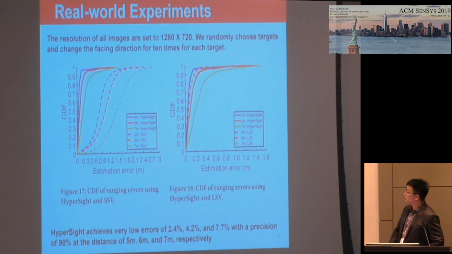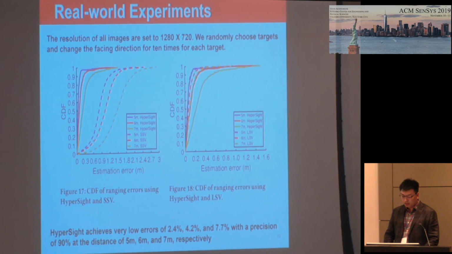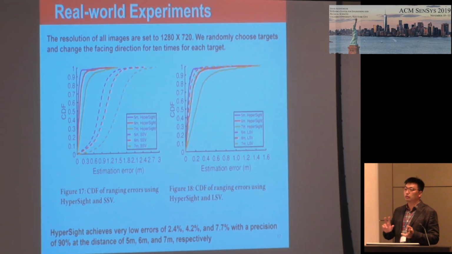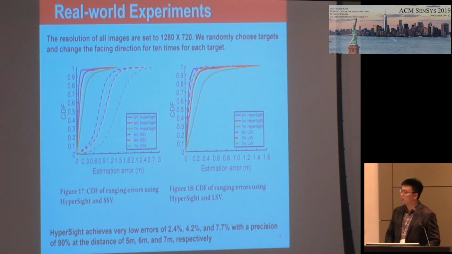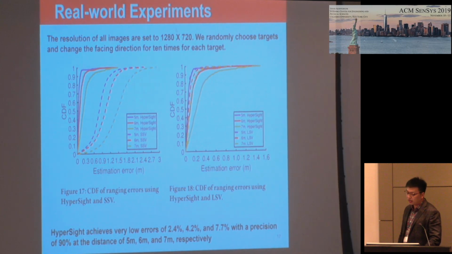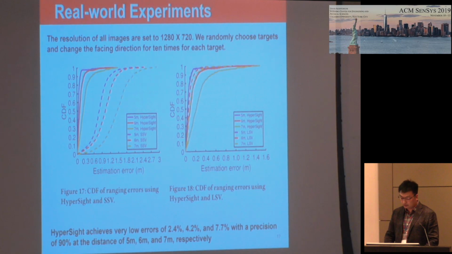We conduct the real-world experiments in 2 indoor environments: one is a coffee shop, the other is a supermarket. We also compare with all the methods. To be fair, we set the resolution of all images to this resolution, because the dual camera module and the smartphone have different resolutions. We randomly choose a target and change the facing direction 10 times for each target.